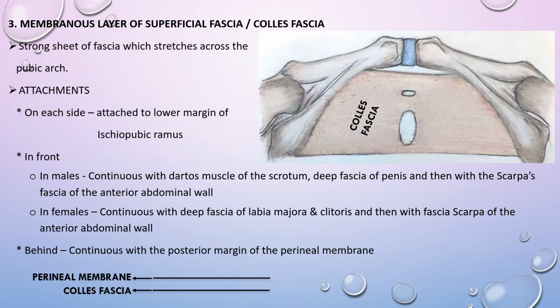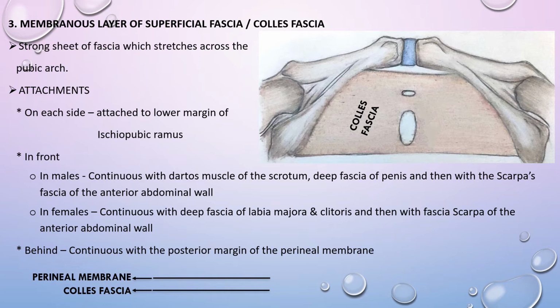If we trace anteriorly in males, this fascia is continuous with the dartos muscle of the scrotum, then with the deep fascia of the penis, and finally continuous with Scarpa's fascia of the anterior abdominal wall.